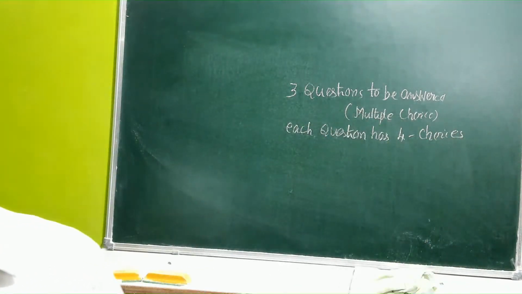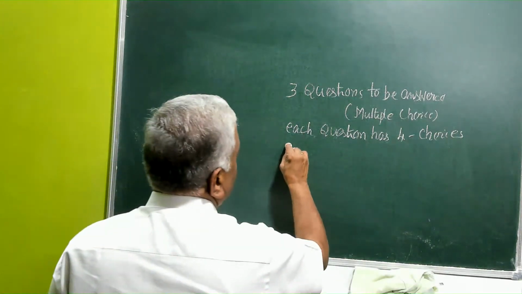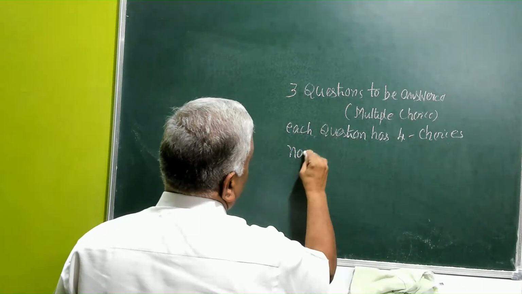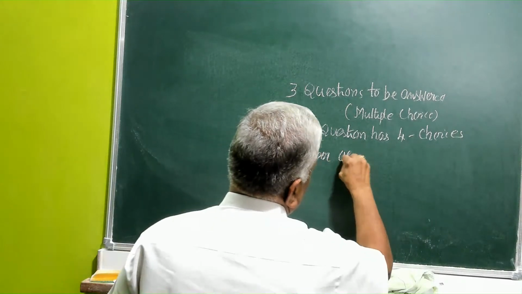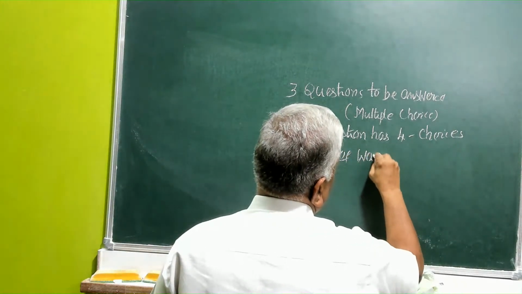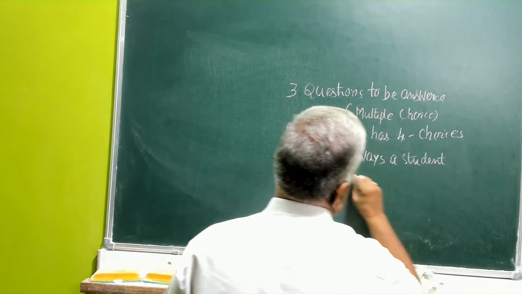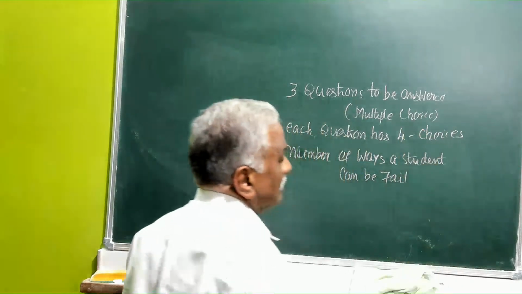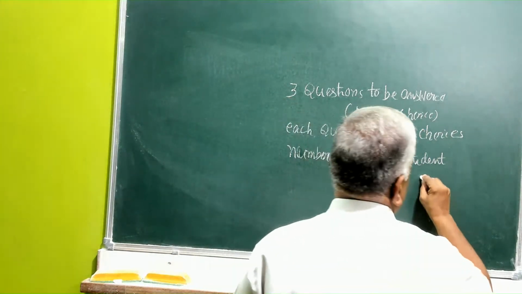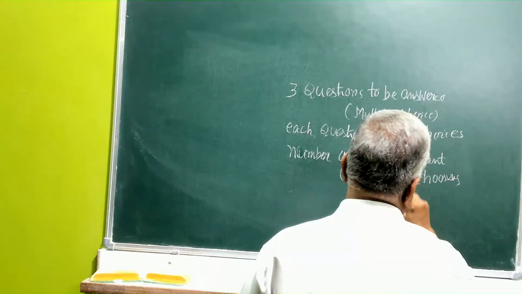Find the number of ways in which a student can fail, that is, not pass, choosing the correct answer.